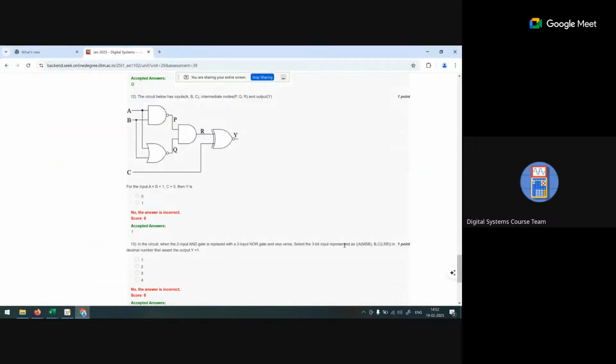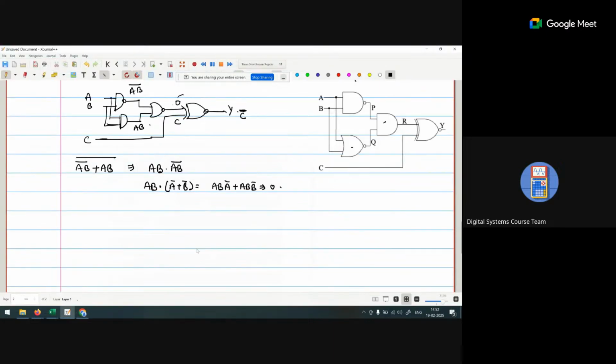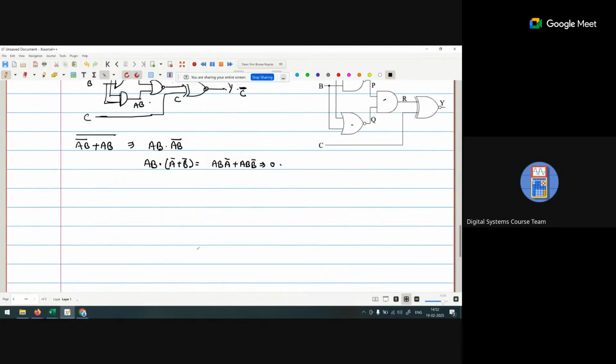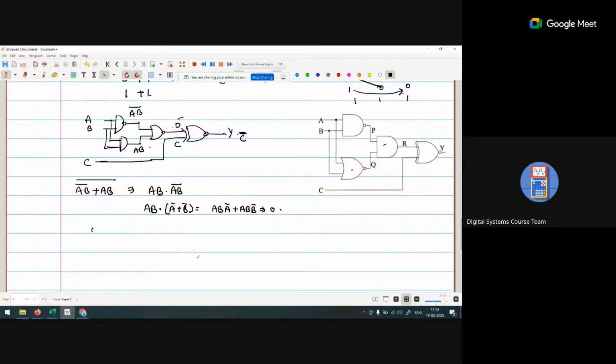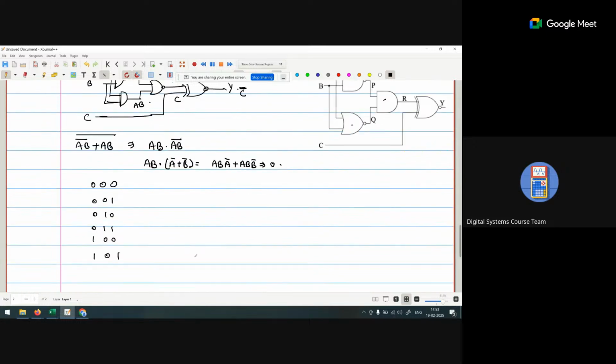Now select the 3-bit input representation, with A as MSB, B and C as LSB, in the decimal number that asserts the output Y equal to 1. So the inputs are 000, 001, 010, 011, 100, 101, 110 and 111.